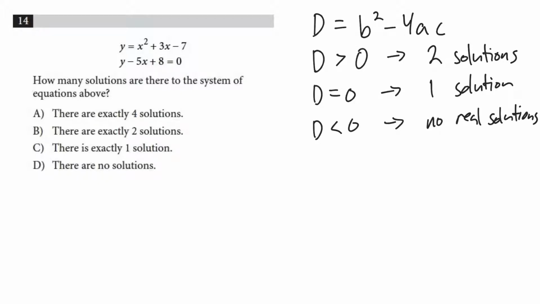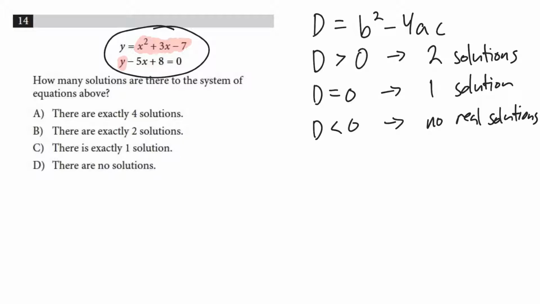Okay, so we're going to take our system here, and I'm going to substitute in. I know what y equals here, and I can just substitute that into my equation down here.